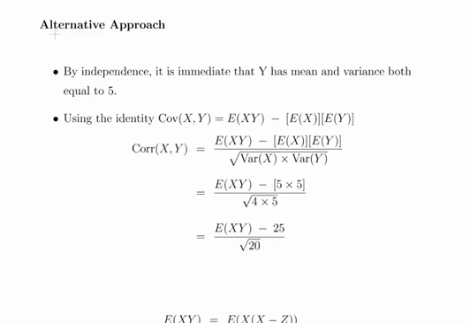Now what I'm going to do here is quickly approach it from a different angle, partly just to get the most out of the question. We're going to follow the same sort of approach overall, but look at a couple of things from a different point of view. So we're just starting again. By independence, it is immediate that y has mean and variance both equal to 5.